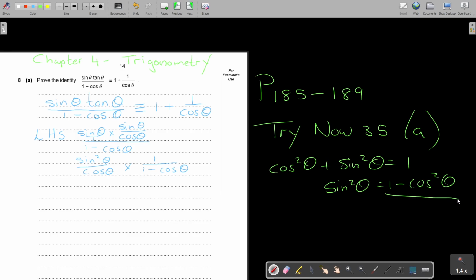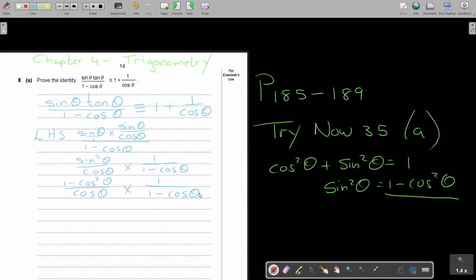So in your mind, it's almost programmed to always make smaller. But remember with identities, and they love asking this type, sometimes you will make bigger, because everything is in terms of cos. So I'm trying to get everything in terms of cos. So I'm going to say 1 minus cos square theta over cos theta, and I'm multiplying with 1 over 1 minus cos theta.